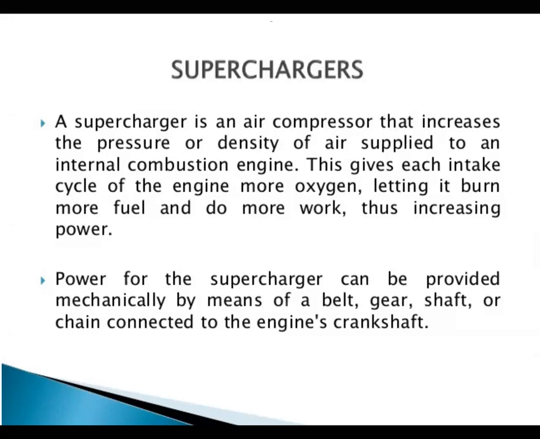The turbocharger works from the exhaust gases, whereas the supercharger works from atmospheric air. The supercharger is located at the inlet manifold, and the turbocharger is located at the exhaust manifold.